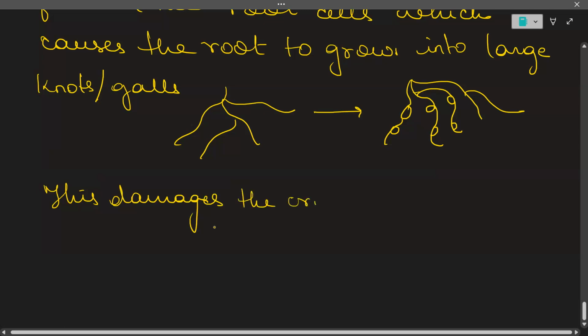Imagine if they infect the crops, the whole crop production will be reduced. So they damage the crop and reduce the yield.